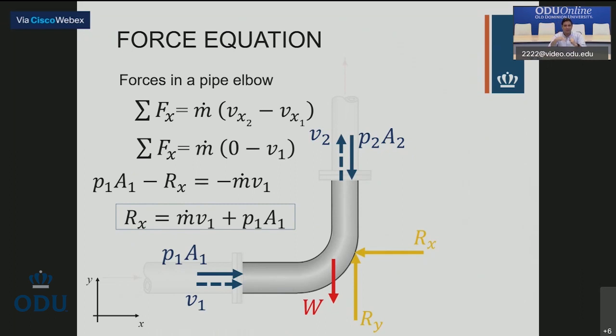What happens is that I'm focusing on the fluid trapped in the elbow. I'm focusing just on that, okay? So assume like you are imaginarily cutting the pipe and leaving only the elbow, only the fluid in the elbow. Because of that, the pressure goes against the fluid trapped in the elbow. That's why it's in the opposite direction.